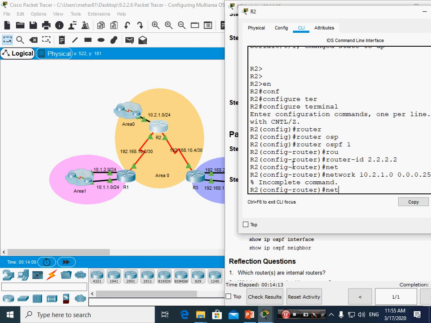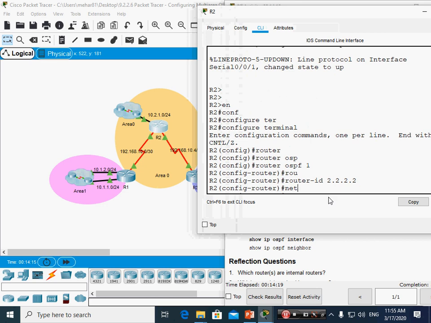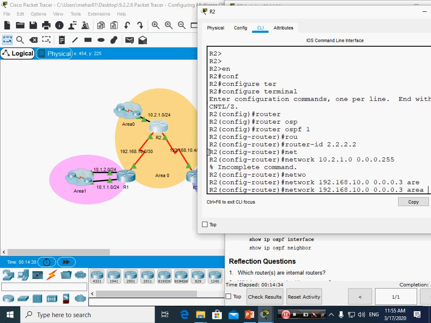Then the second network: network 192.168.10.0 0.0.0.3 and area 0, sorry, it says incomplete command.